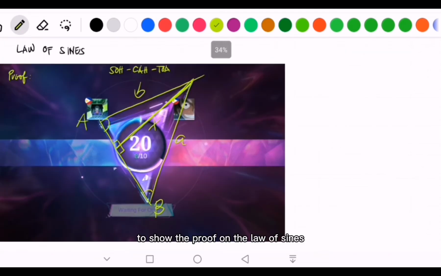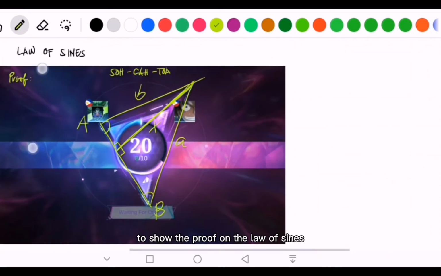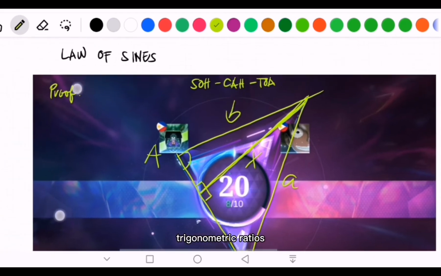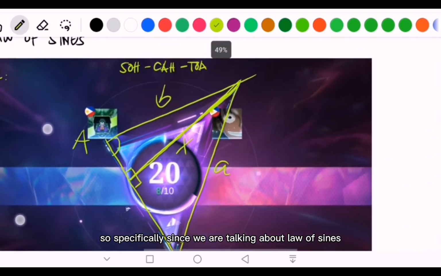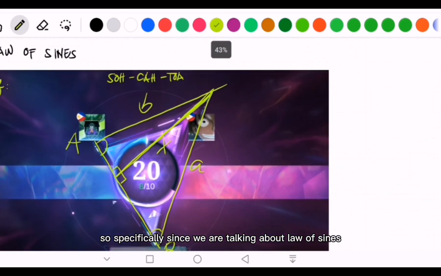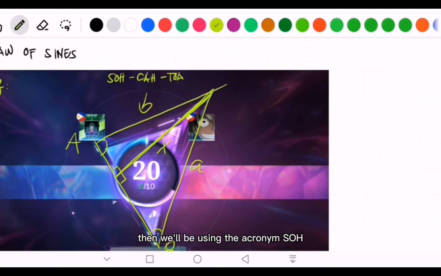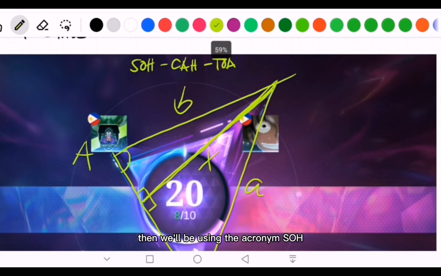To show the proof of the law of sines, we'll be using the trigonometric ratios. Specifically, since we are talking about the law of sines, we'll be using the acronym SOH CAH TOA, the SOH.